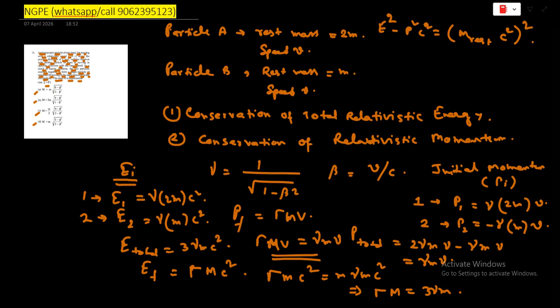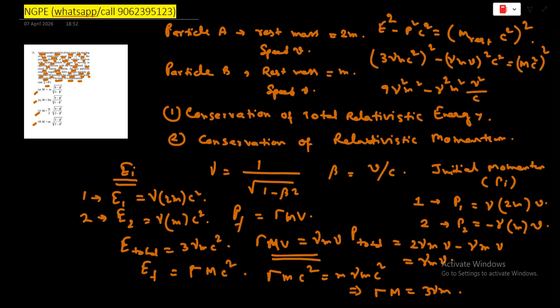Now substitute our final total energy and momentum. So let's strip the c to the power 4 from everywhere. So we get that is capital M square, right?